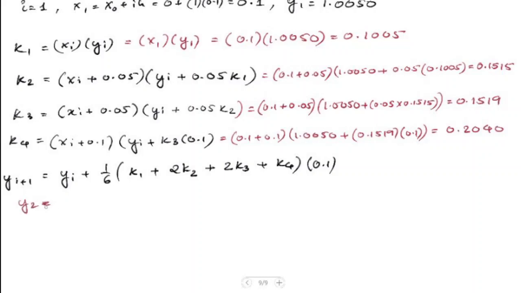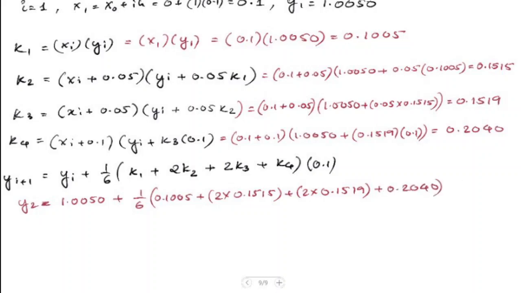So y2 will be y1 here, which is 1.0050 plus 1/6 times k1, that's 0.1005 plus 2 times k2, which is 0.1515 plus 2 times k3, which is 0.1519, plus we have 0.2040, and that gives us the value for y2 as 1.0202. That's the value for y2.